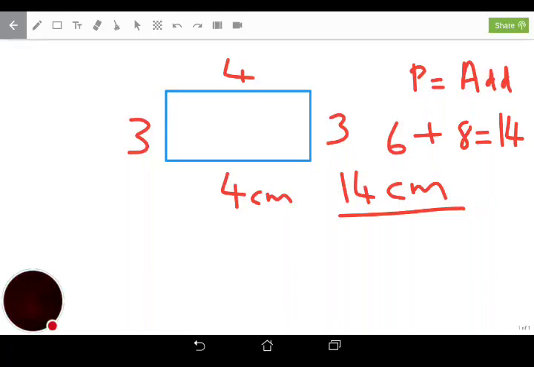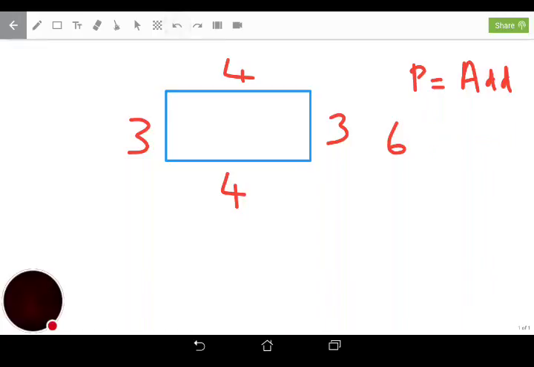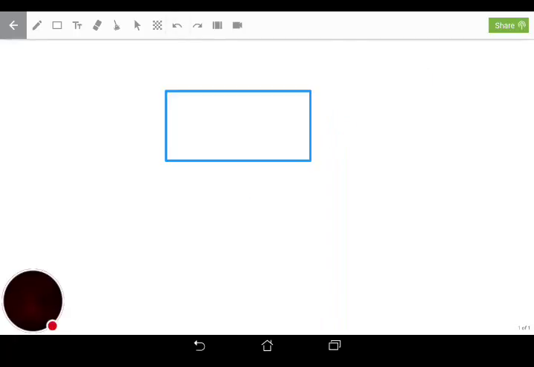Now let's say we have algebra on here instead. You've seen previous videos on how to solve equations and how to collect like terms. Let's say this here is 2x and this here is 3x plus 1.